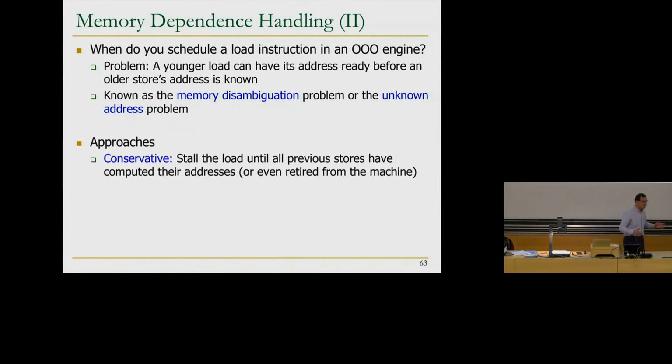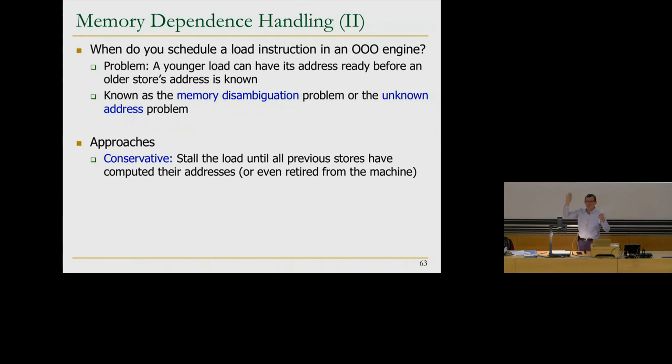So there are multiple approaches to this. One is the conservative approach, which is terrible for performance in general. You stall the load until all previous stores have computed their addresses. You can do that, right? In this example that I've shown you, there are a bunch of stores in front of, older than, this load. You basically wait until all of them compute their addresses. It doesn't matter if it takes 1,000 cycles, 5,000 cycles, you just wait.